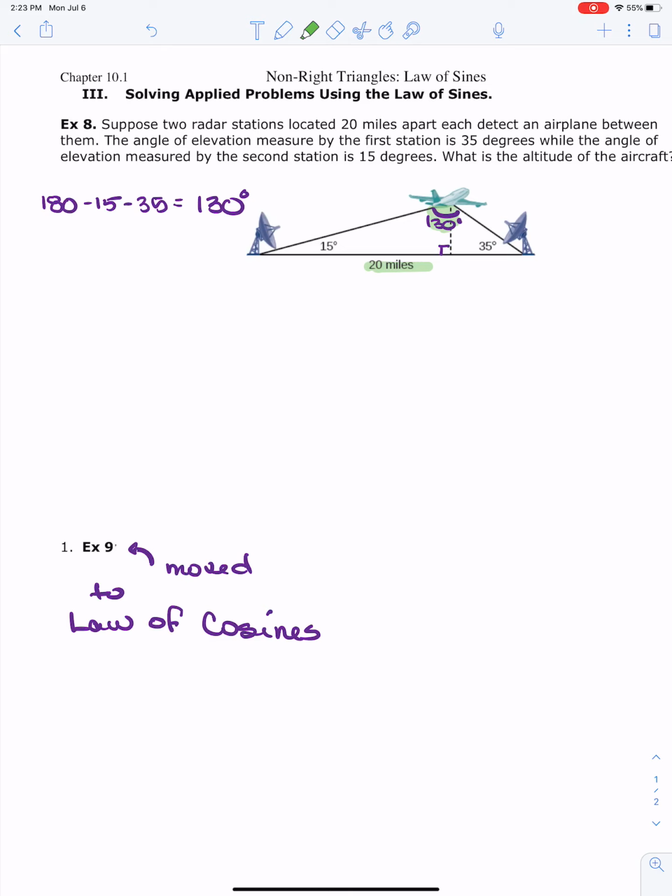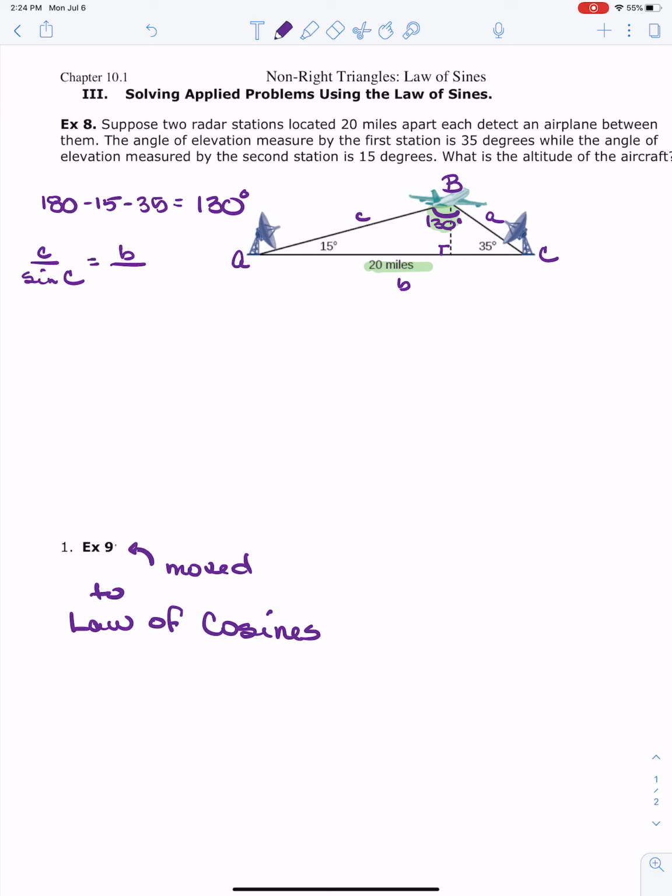I am going to go ahead and find, I don't know, does it really matter? You know what I'm going to do first? I'm going to label this like I would any other triangle. A, B, C, just in case that helps. So yeah, I'm going to go ahead and find C. And so C over the sine of C equals, what have we got?